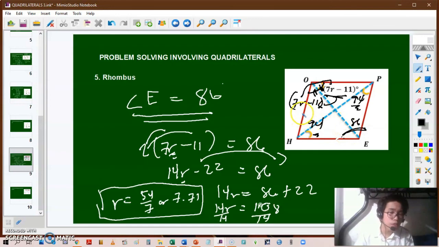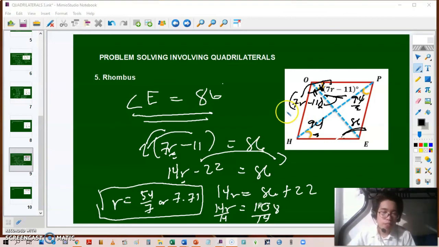If we substitute the value of r for 7r minus 11, that's going to be 7 times 54 over 7, so the 7 cancels out, and we're left with 54. And what's 54 minus 11? That's 43. So that's the measurement of angle POE.